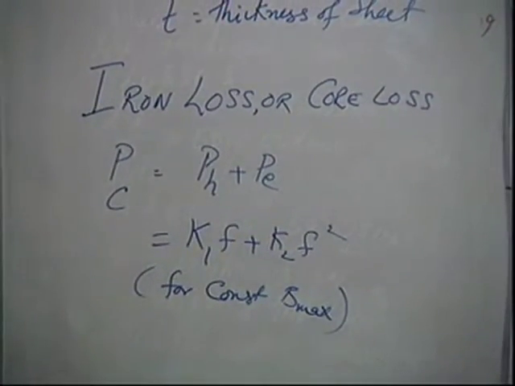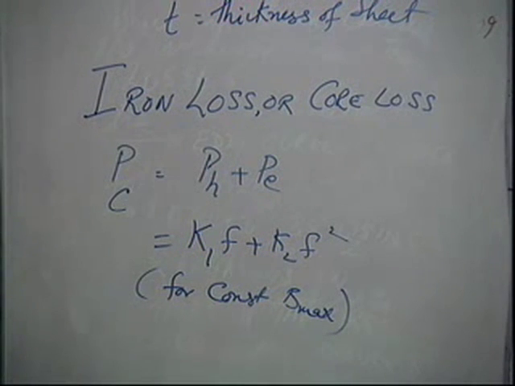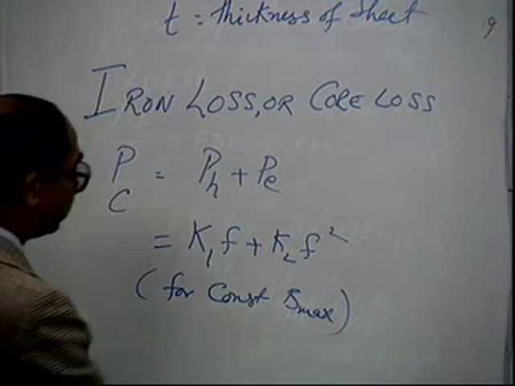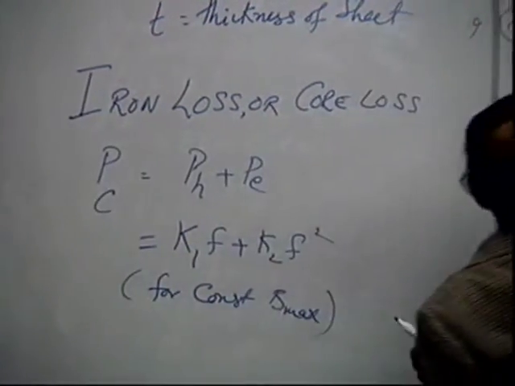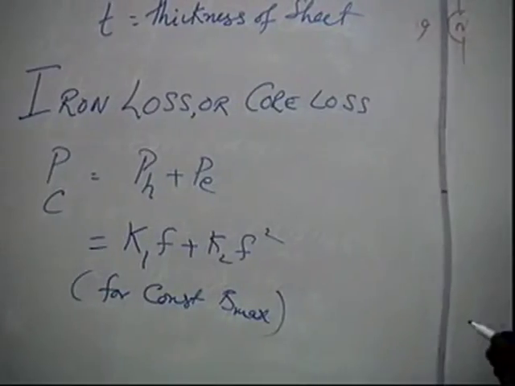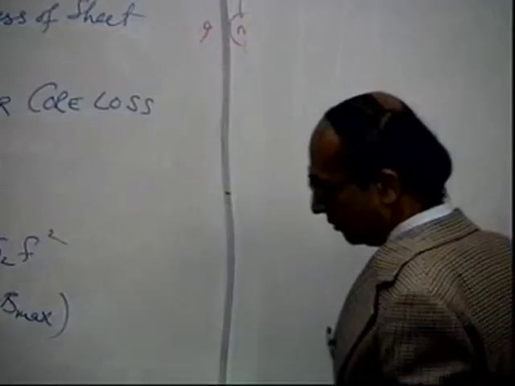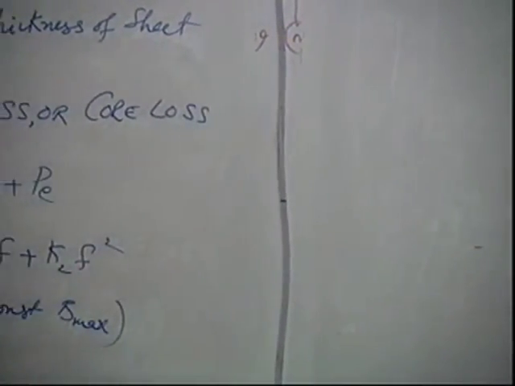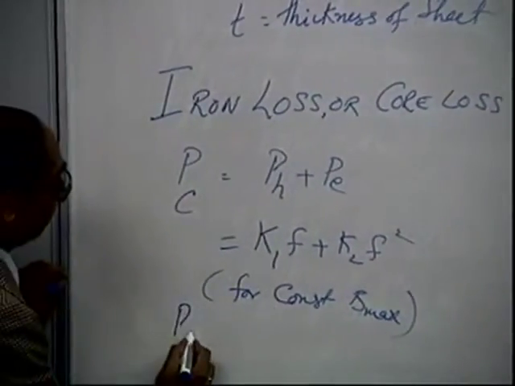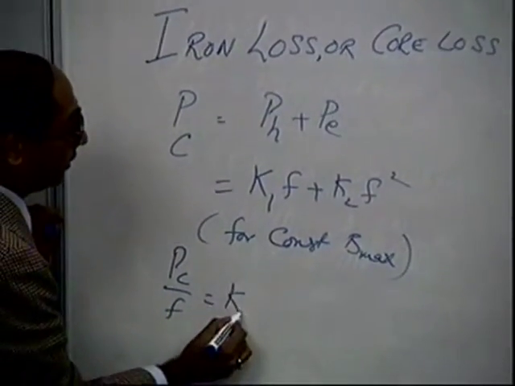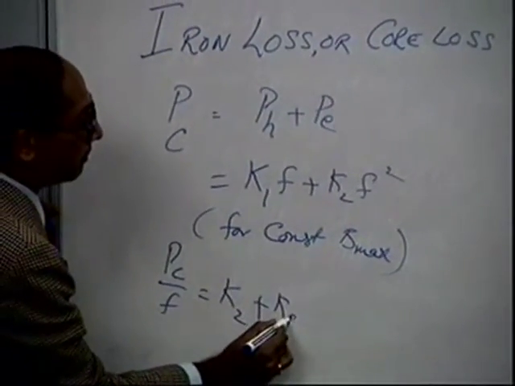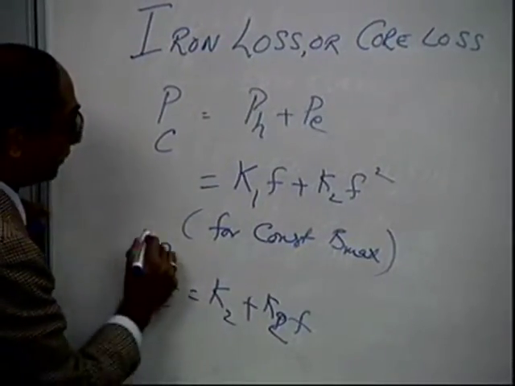For a given core, supposing you are operating at a constant B max, this can be written as K1F plus K2F square. Or you can say PC by F will be K1 plus K2F.